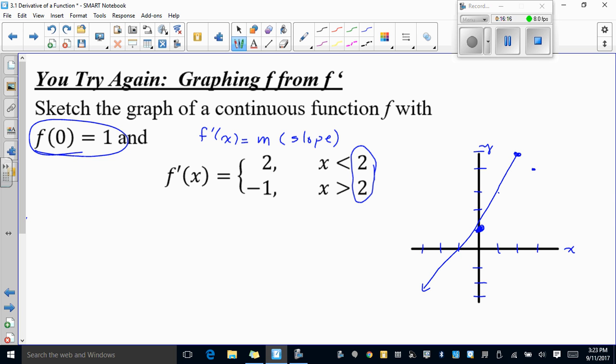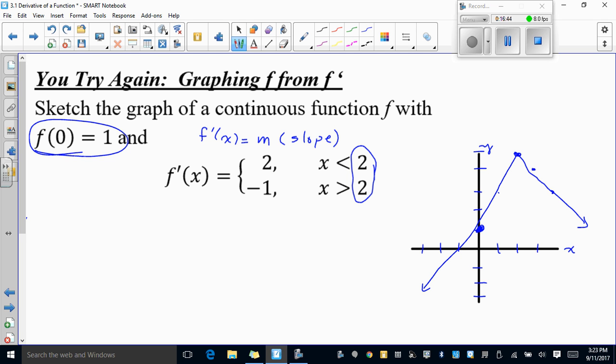If nothing else in this chapter, the biggest thing to keep in mind is that the derivative is a slope. If I give you the graph of the function, you can give me the derivative. Or if I give you the derivative of the function, you can give me the graph. Going backwards, I call that going backwards. Here's the derivative, I want you to go back to the function.